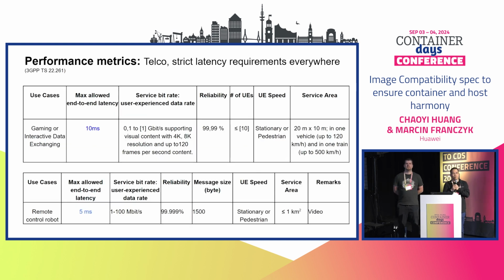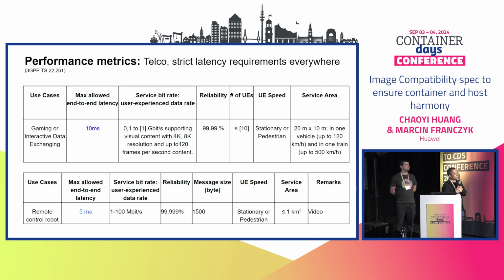Besides 5.9 service availability, there are also other services requiring very low latency. For example, interactive gaming on a mobile wireless network has to provide a guaranteed 10 millisecond latency.